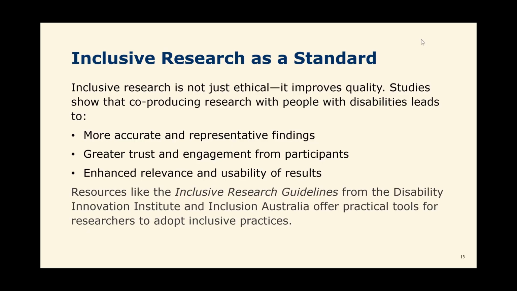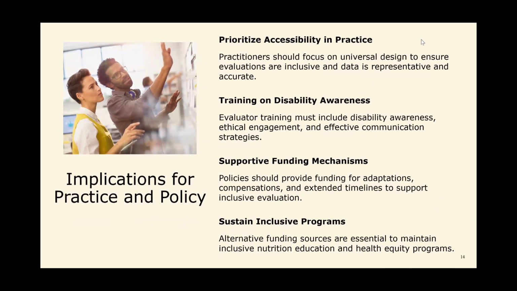It produces more accurate and representative findings, and it promotes greater trust and engagement from participants, as well as bringing enhanced relevance and usability of results. So just some other implications for practice and policy to consider.